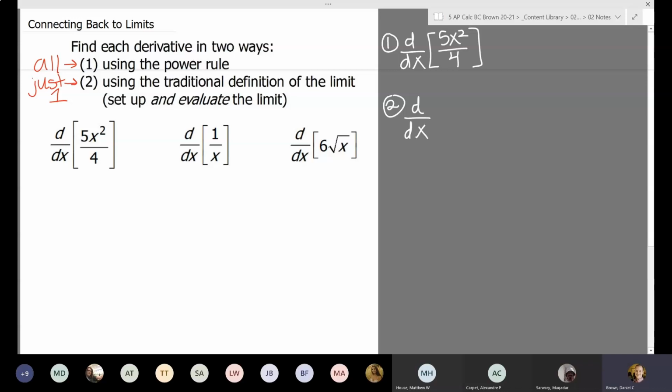And basically, when you do the traditional definition, that first one's going to be a lot of foiling. The middle one is going to be canceling out some fractions, and that last one will be an example with rationalizing. But again, I think you only need to do one of those, and you'll get the benefit that I want you to from it. But I'm going to be quiet for a second to give you a chance to try those tasks for me.